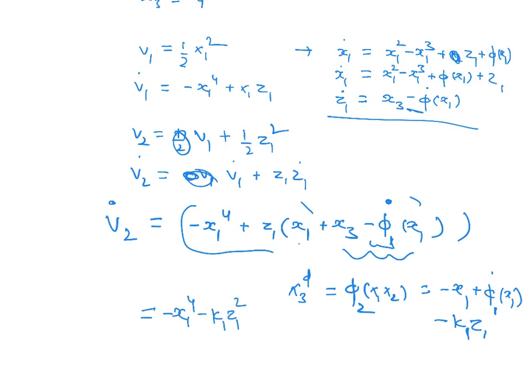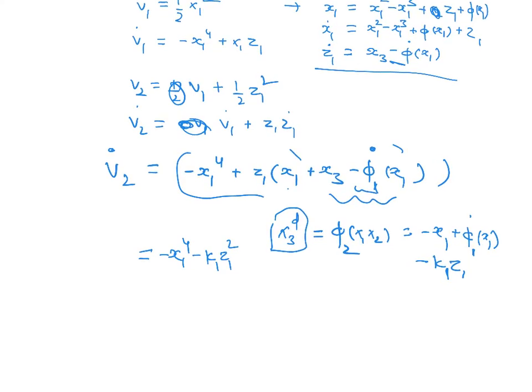But unfortunately this is not, but you can then add and subtract this x3 desired quantity here. So now we have to modify this term, right? We are choosing x3 here, so you can say this equation z1 dot now becomes x3 minus phi dot x1 plus phi 2 x1 x2 minus phi 2 x1 x2, same thing.